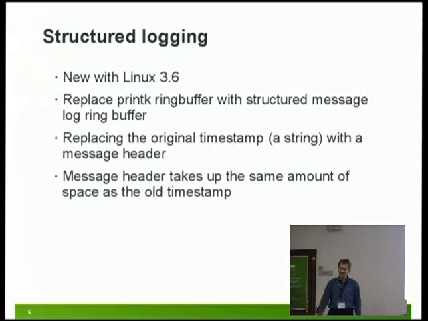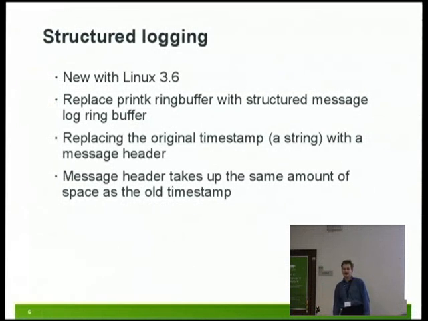With 3.7, Kay Sievers managed to update the printk subsystem. Previously, it was just a ring buffer containing string messages. He replaced it with a ring buffer of structured messages.